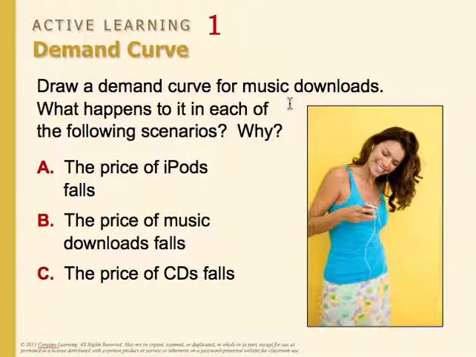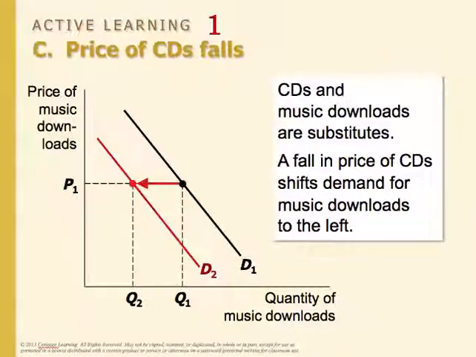When CDs become cheaper, your demand for music downloads would fall, because you'd be buying more CDs than downloading music. So your demand for music downloads falls. If your demand falls, then you'd see a leftward shift in the demand curve. So your demand for music downloads falls from D1 to D2. D2 is the new demand curve for music downloads.